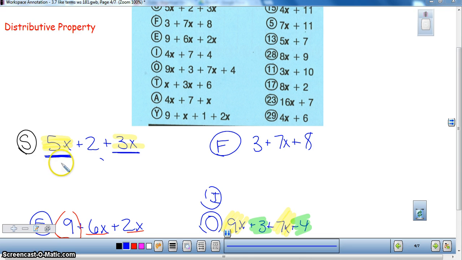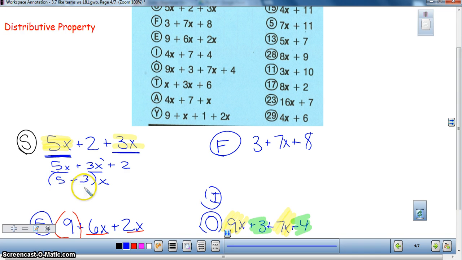So what I'm going to do is regroup them. How? Using our commutative property. 5x plus 3x plus 2. The nice thing about this is that I notice these both have an x in common. I'm going to put the x behind. Inside the parenthesis, I'm going to add 5 and 3.